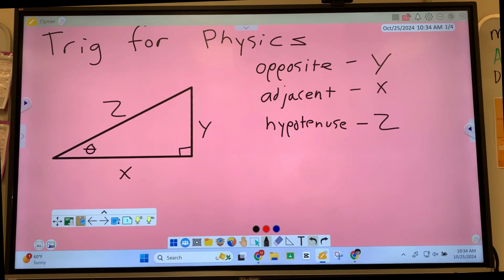The hypotenuse is also the longest side of a right triangle. That's going to come in handy when we get to solving some of these problems. If you're solving for z and x is 10, and you get an answer for z that is 8, that can't possibly be the right answer. The hypotenuse is always going to be the longest of any of those three sides of a triangle.